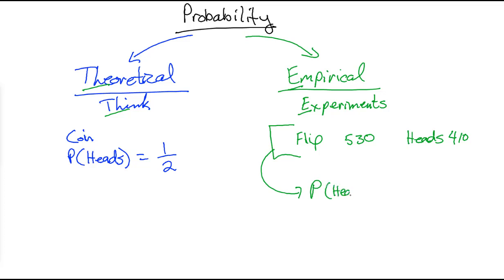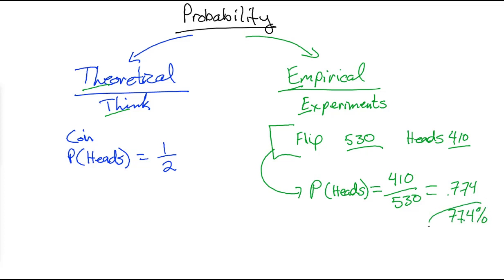And they'd write it like this, like a function. What's the probability of getting heads? You actually take the experiment numbers, 410 out of 530. And punch that into the calculator, and we get 0.774, or 77.4%.